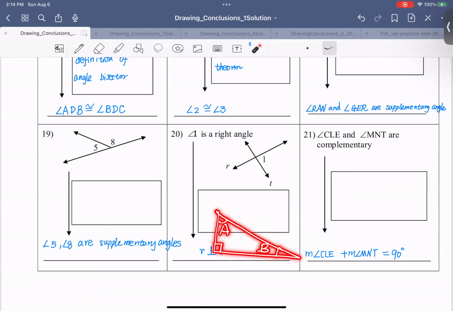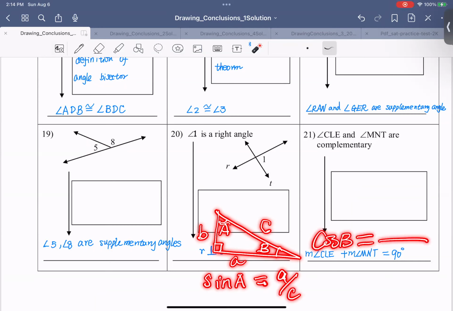And just now, we also have something saying A and B. This is 90 degree. So sine A should equal what? A over C. So this is A over C. Did you notice that cosine B is who? Cosine B is adjacent over the hypotenuse.